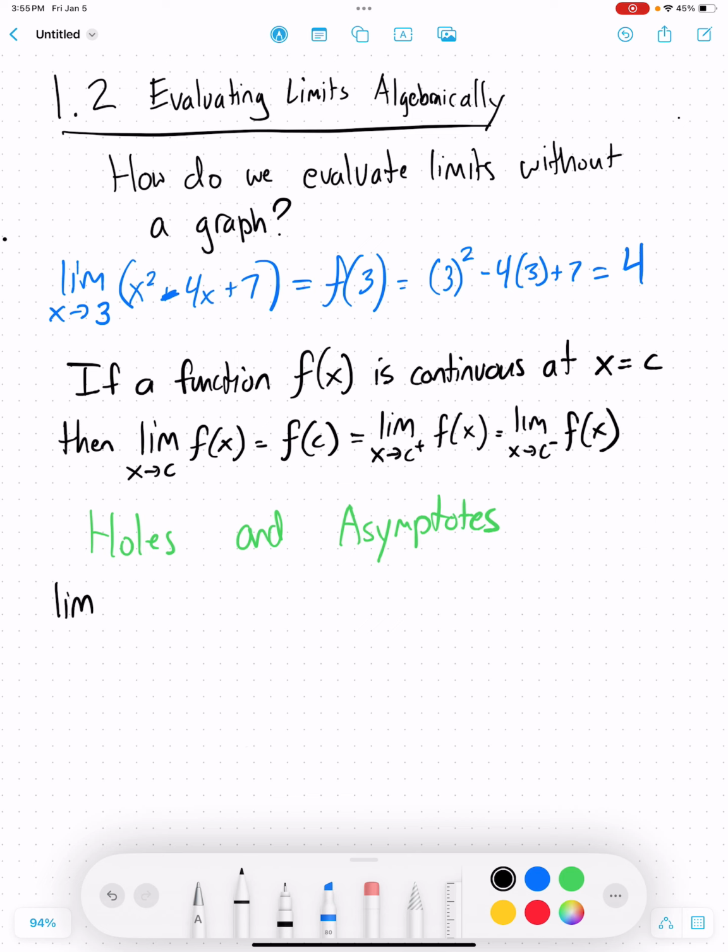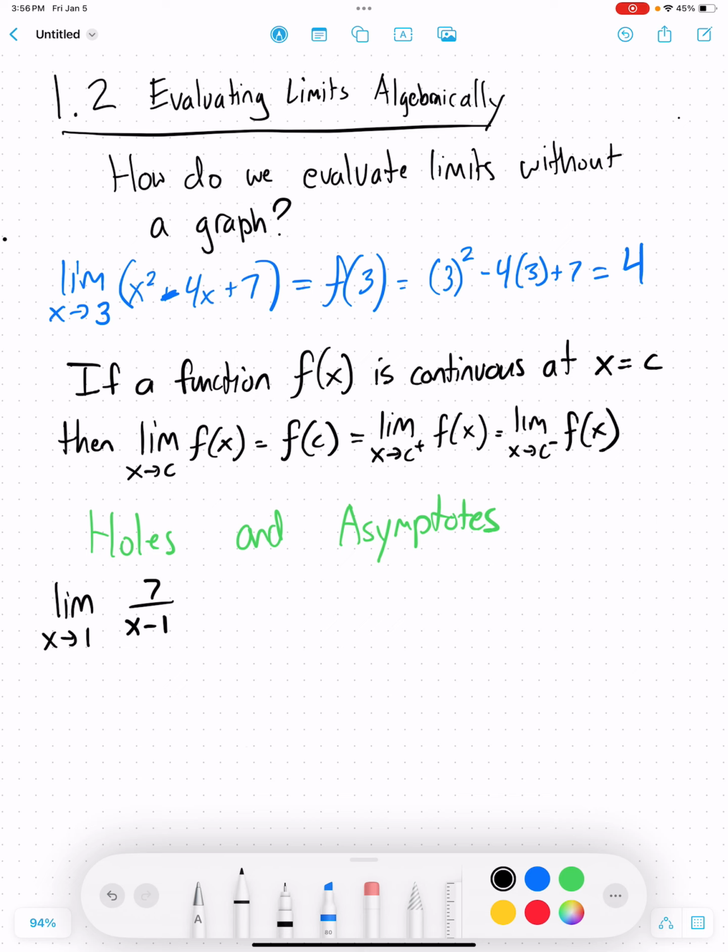Let's look at the limit as x approaches 1 of 7 over x minus 1. Okay. So some of you guys might already see, oh yeah, this one's not continuous at 1. But what if I couldn't see that just right off the bat?